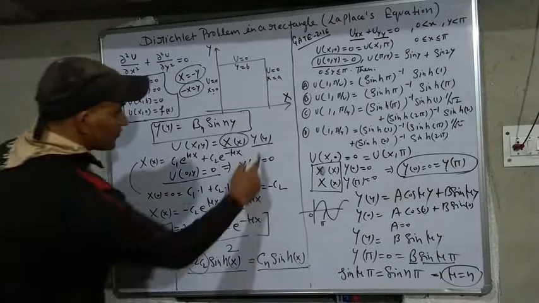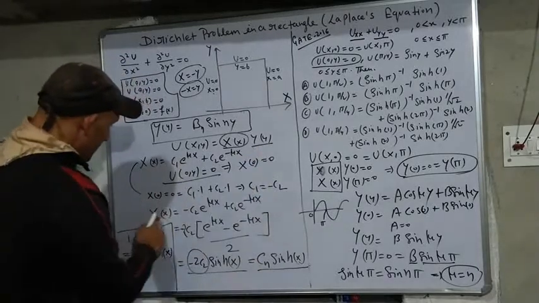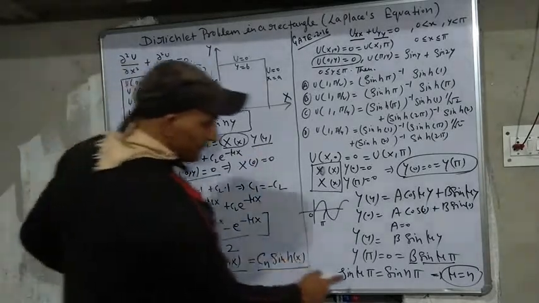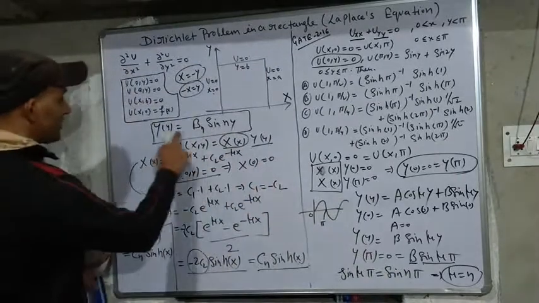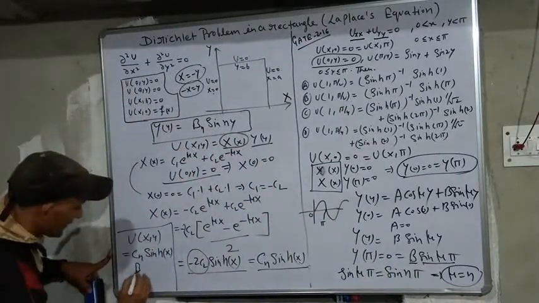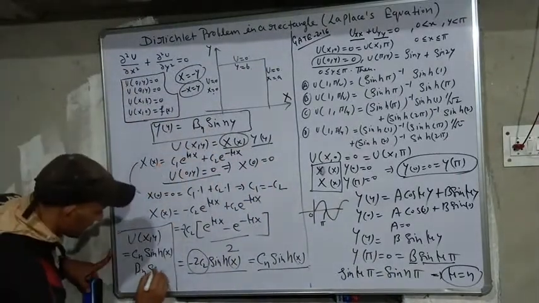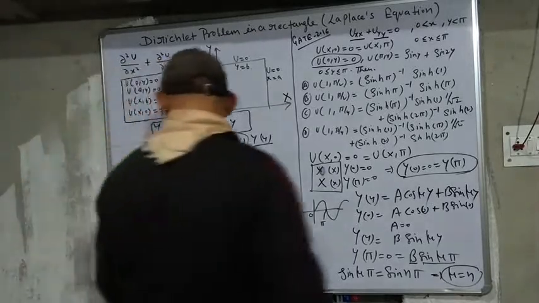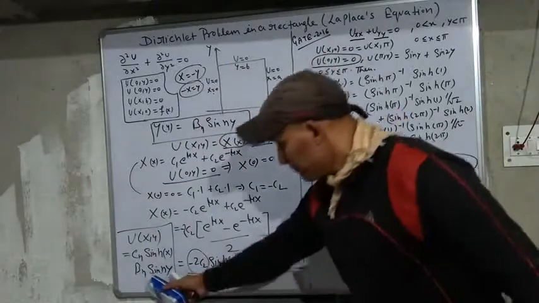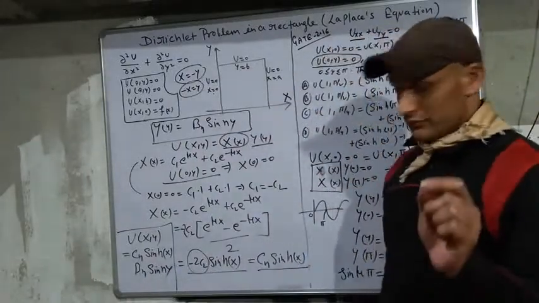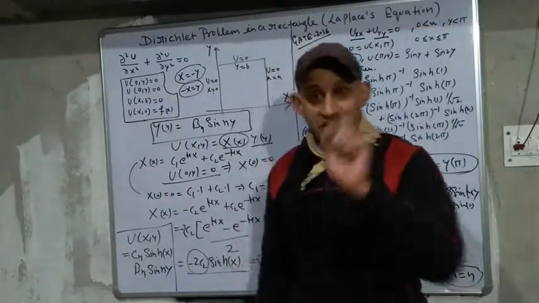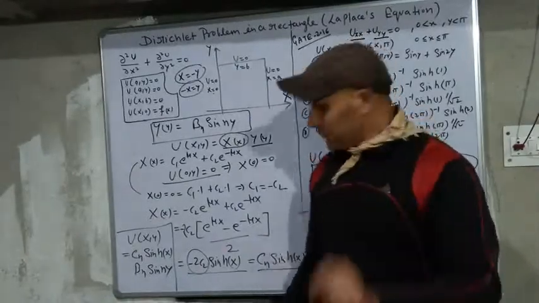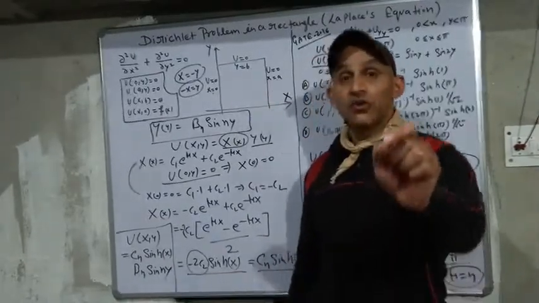What is Y(y)? Y(y) we have already found. This is bn sin(ny). This is your solution: cn sinh(x) bn sin(ny). cn is constant, bn is constant. You can write dn in place of cn times bn.